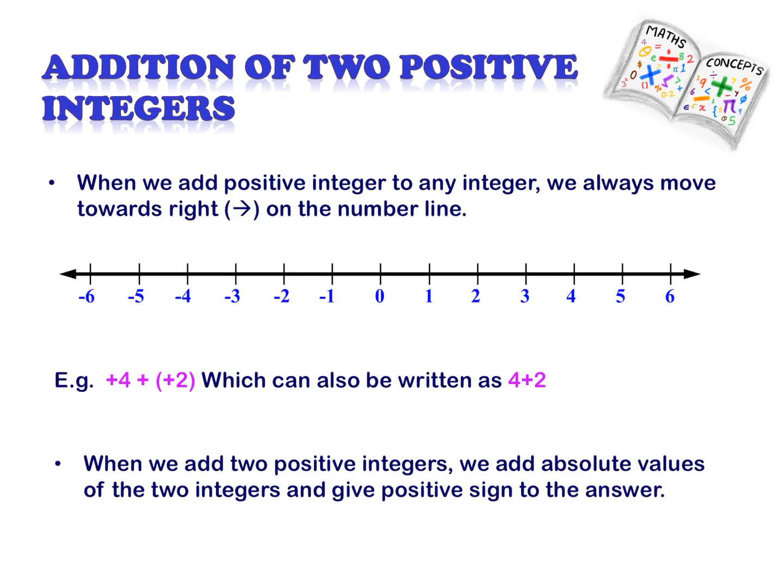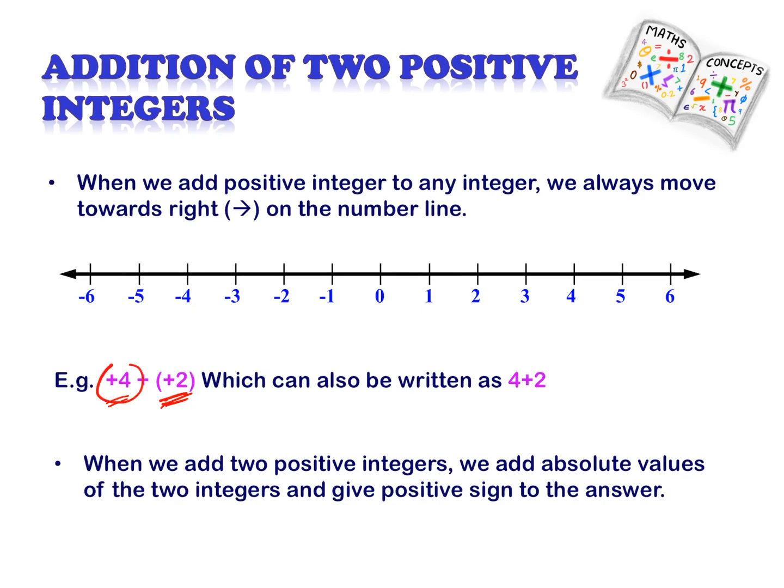And when we add negative integer, we move towards left on the number line. We will see negative integers in the next case. Right now let's check positive integers. Here is one example, plus 4 plus 2. So as I said, when we add positive number, we move towards right.